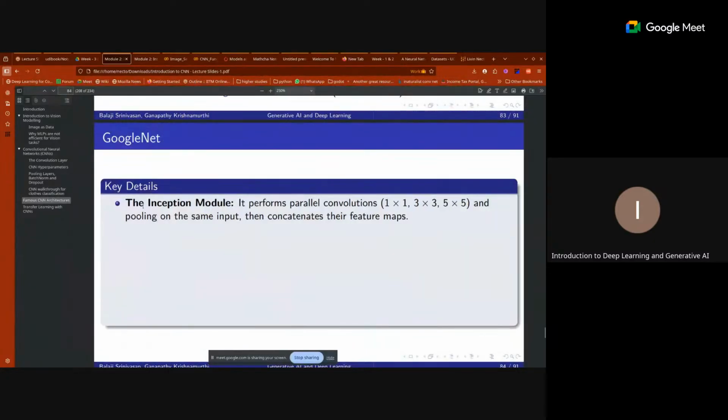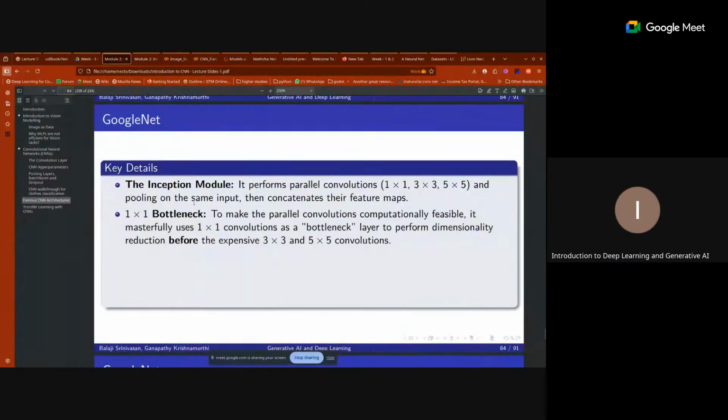In GoogleNet, it introduces something called the inception module. So let's see about the inception module, right?